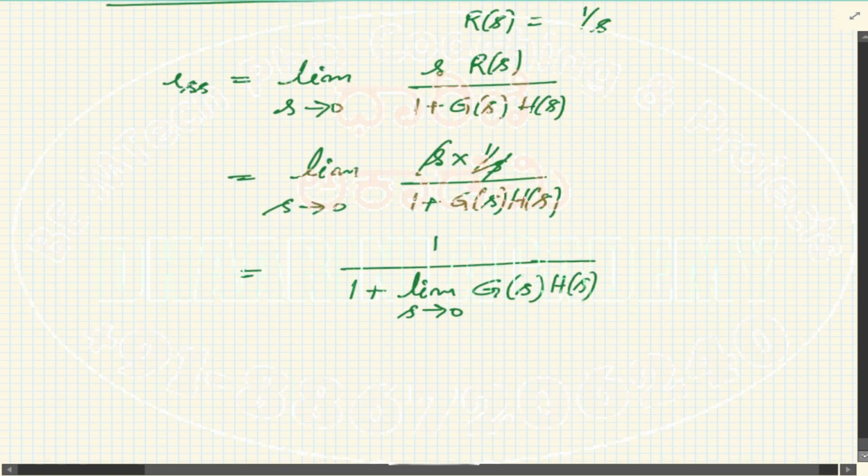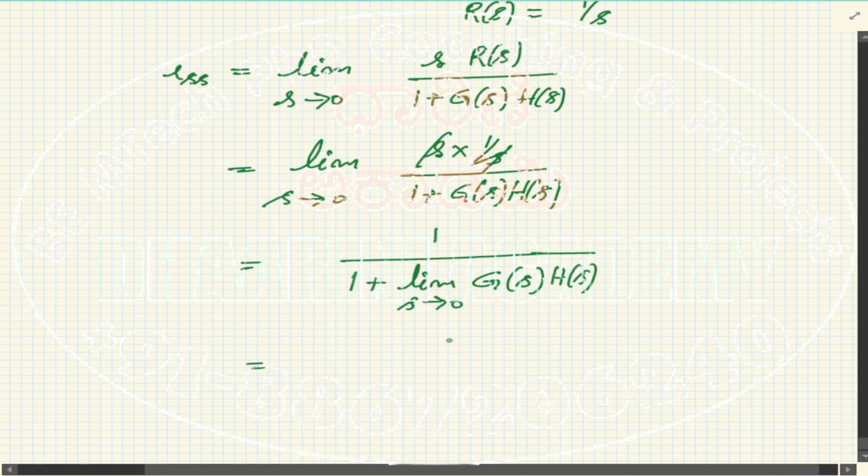In the literature, various textbooks call this part, limit s tends to 0 of g into h, a specific error coefficient. This is called kp. So this becomes 1 divided by 1 plus kp.